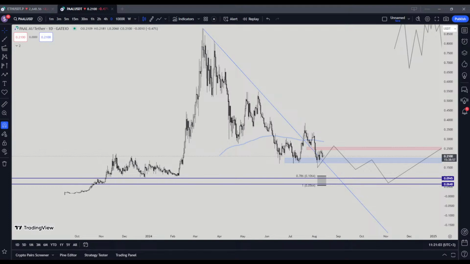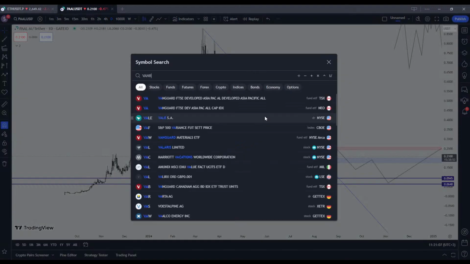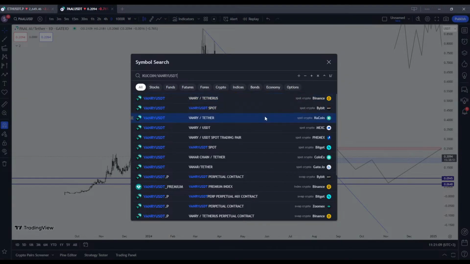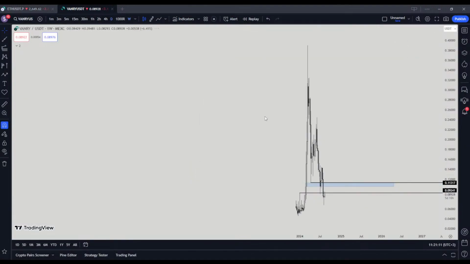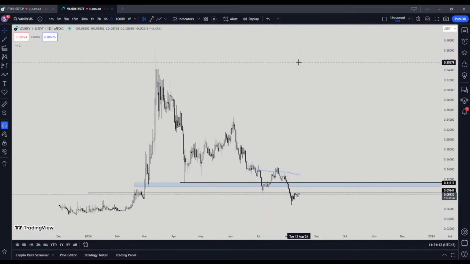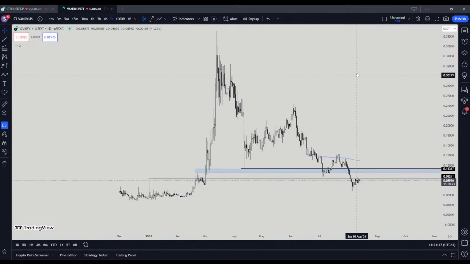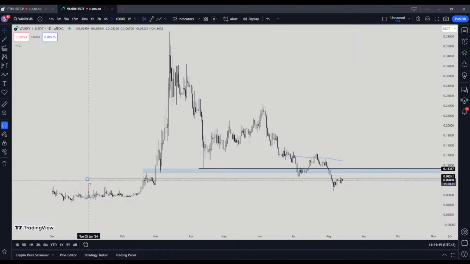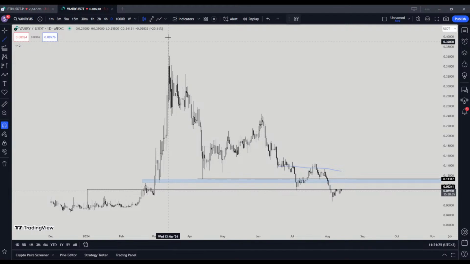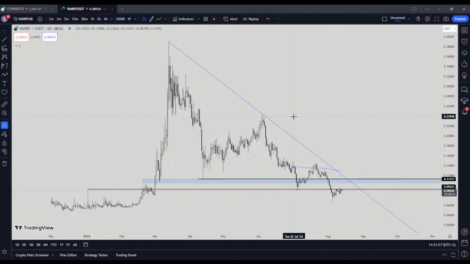Let's get to the next one, Vanry. I have some Vanry, but yeah, you see, it's so toxic, and so many influencers are so toxic about these bags that they are holding. I mean, they're not holding, they receive them for free.